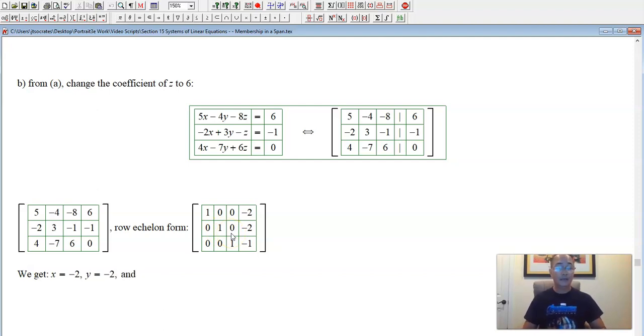And finally, in the third equation, we get z equals negative 1. So we do have a solution, and in fact, there's only one solution. We get a unique solution to the system. So we went from no solutions in part A to a unique solution, exactly one solution in part B.